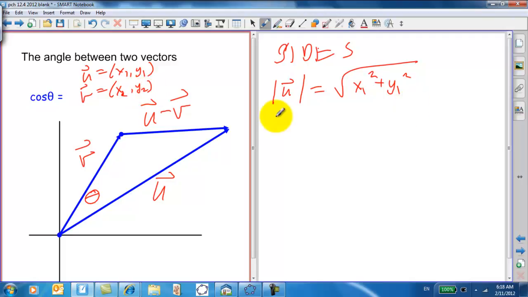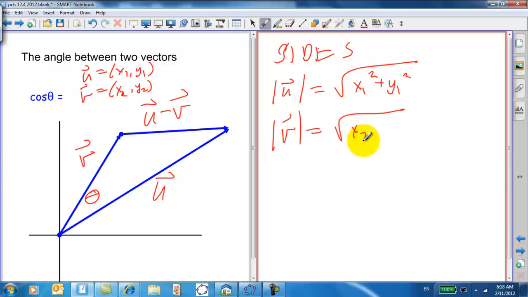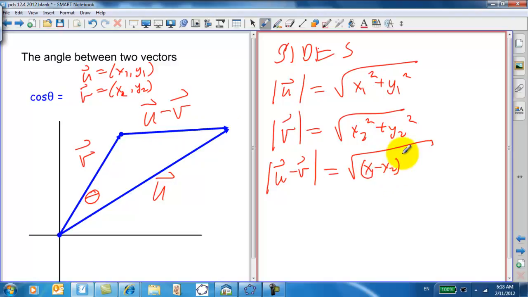That means the magnitude of vector v is going to be the square root of x2 squared plus y2 squared. And now we need the magnitude of vector u minus v, which is the square root of, since the vector from v to u here is going to be the subtraction, x1 minus x2 squared plus y1 minus y2 squared.